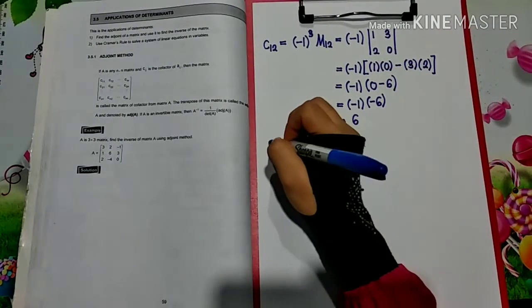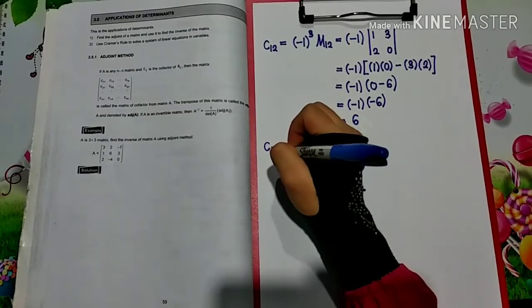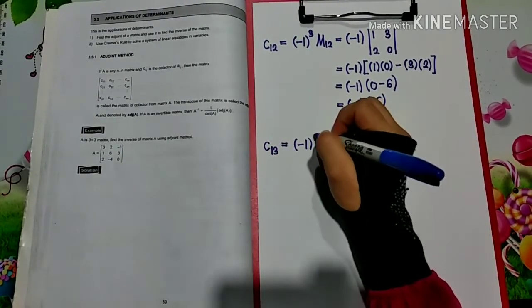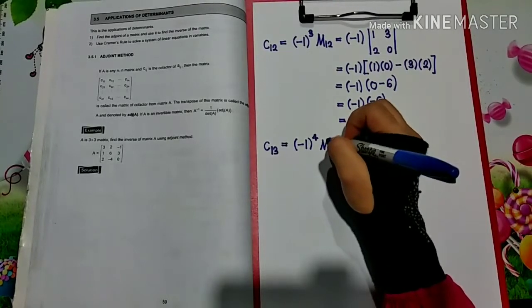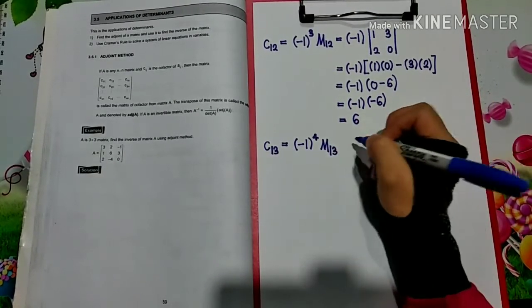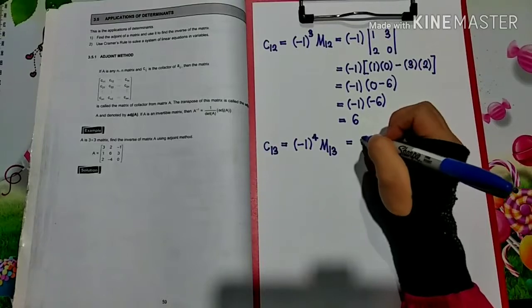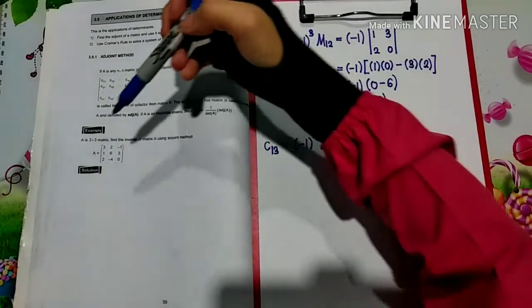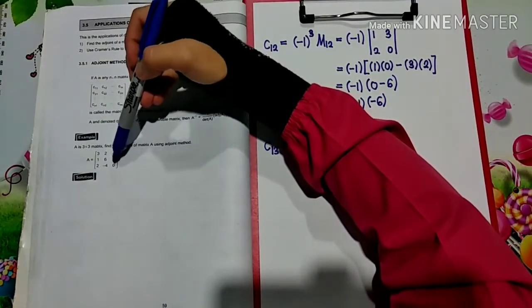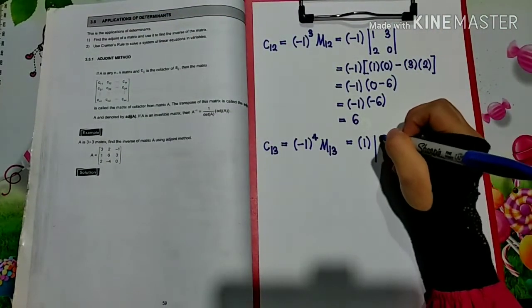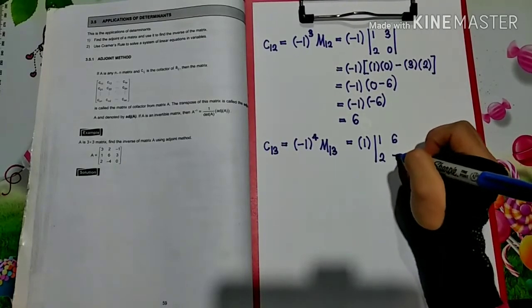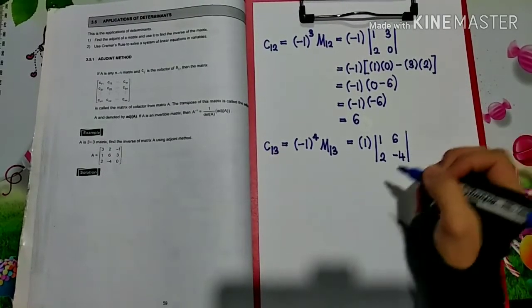Next, we compute C13. So C13 equal to negative 1 power 1 plus 3, negative 1 power 4 equal to 1, and M13. So you delete first row, third column. So you only left with this entry, 1, 6, 2, negative 4.